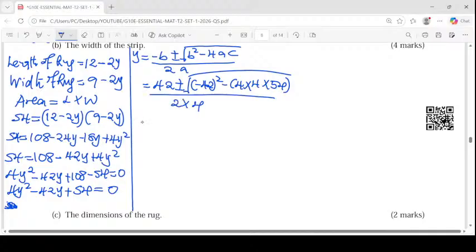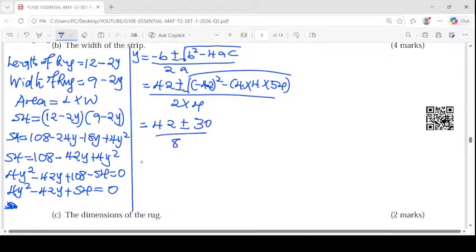In this case, this will be 42 plus or minus the root of 42 squared minus 4 times 4 times 54. You get 900, and the root of 900 is exactly 30. So plus or minus 30 over 8.